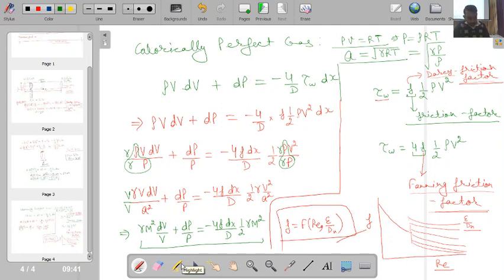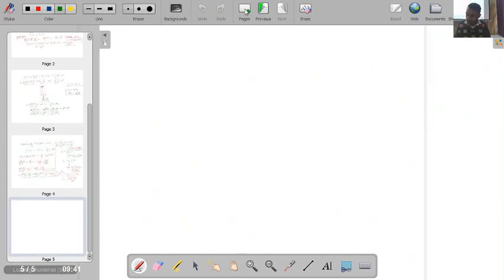Another interesting point is that I know that my flow velocity can be written as Mach number times a. Is this point clear? And a I can write as square root of gamma RT.